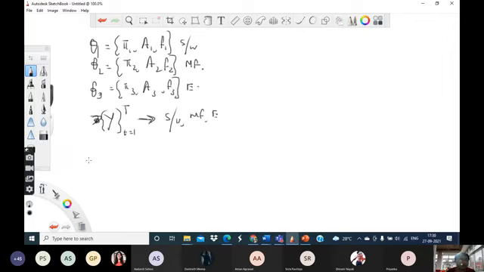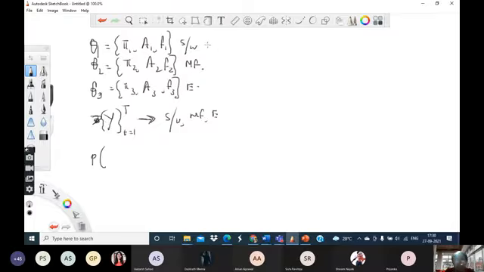So how do you do it? You basically try to calculate which of these HMMs, these three hidden Markov models, is most likely to produce this output y.